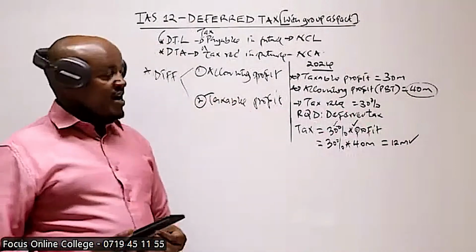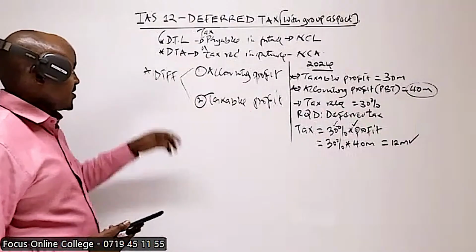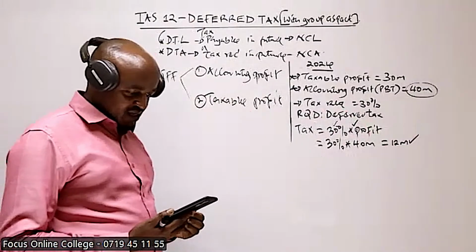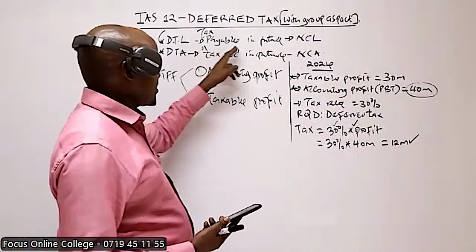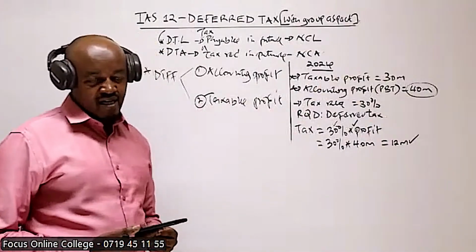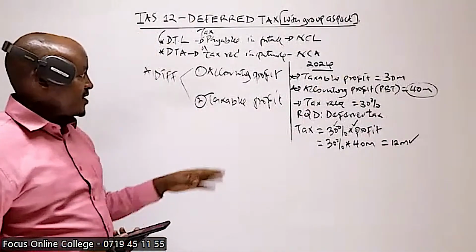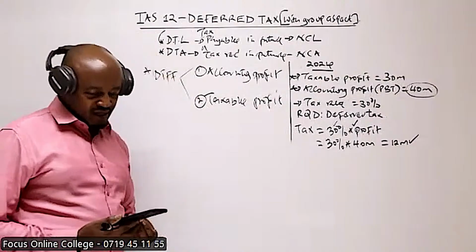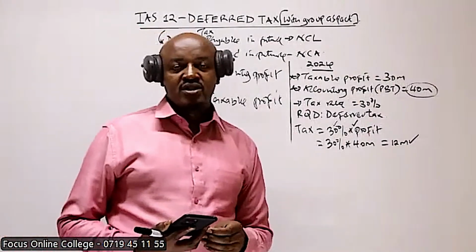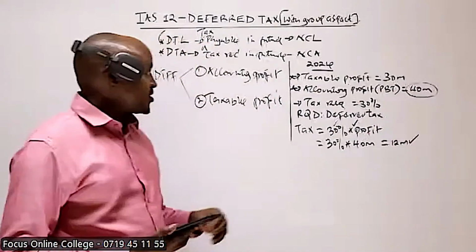Now, we have therefore two types of deferred taxes: the deferred tax liability and the deferred tax asset. A deferred tax liability is a tax which is payable by the company in the future. We recognize that as a non-current liability in the statement of financial position. Deferred tax asset is a tax to be recovered by the company in the future. This one is recognized as a non-current asset.